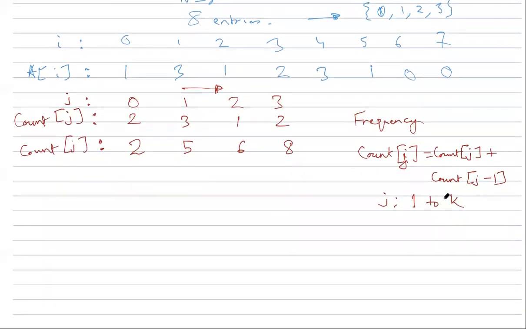So what we have done by doing this is that we have identified the starting positioning of each of these values which are going to be represented in the sorted order. If you want to see how the sorted order would look, it is basically 0, 0, then 1, 1, 1, then 2, then 3, 3.